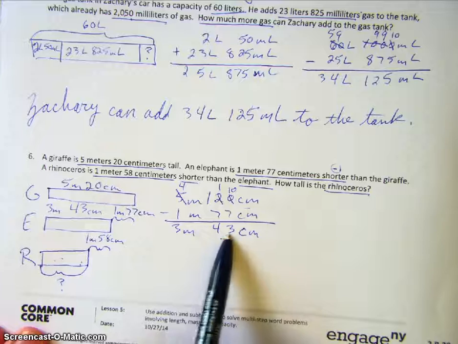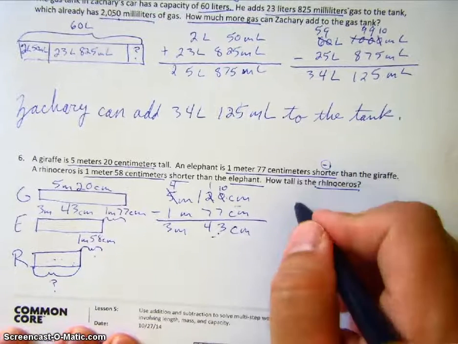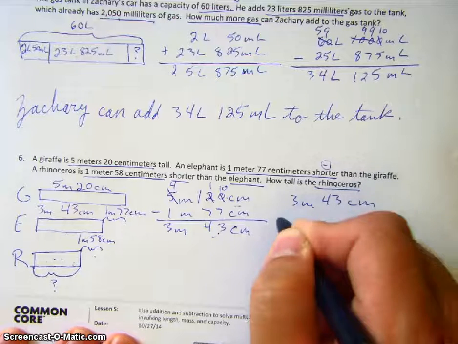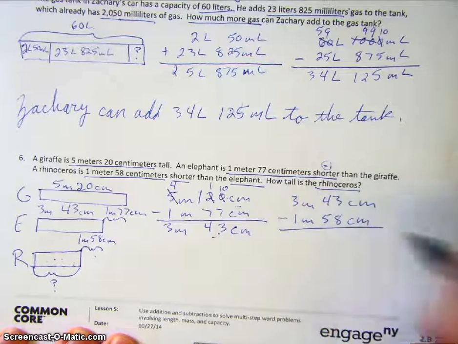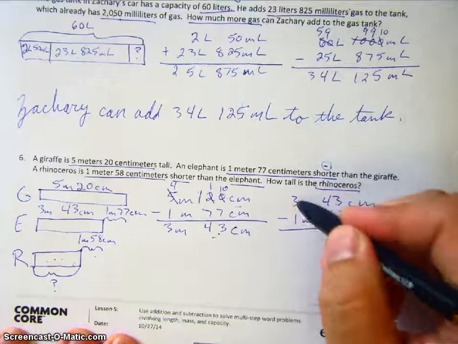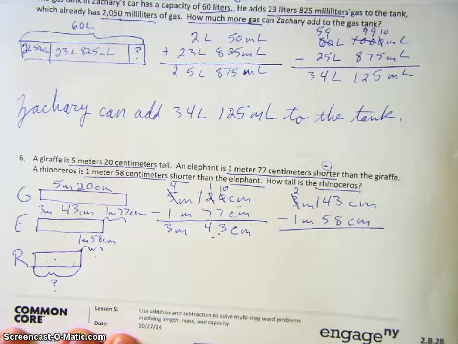Now we can take this amount, subtract this difference, and we'll end up with the height of the rhino. So now again we see that we have 43 minus 58, so we're going to need to decompose one of our meters into 100 centimeters.